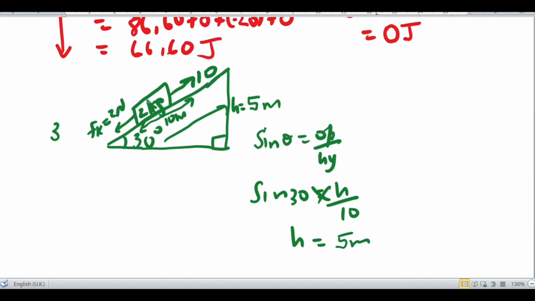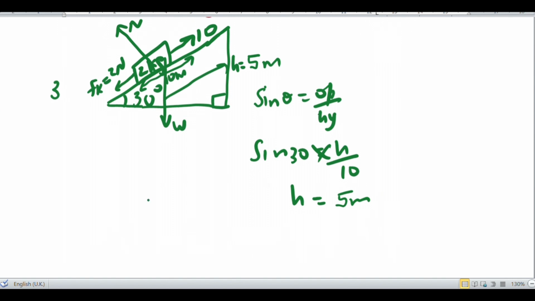After that, we have a normal force, and we have the weight, which is always going down. So the free body diagram will be like this. This is the object itself. We have the force applied, a normal force in that direction, a frictional force in that direction, then the weight always downwards.